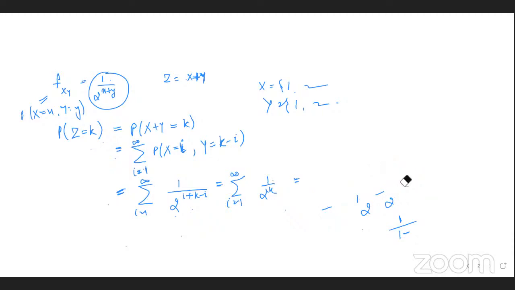Have to do this. The lower limit should start with 2. Why is that? Sayantan.